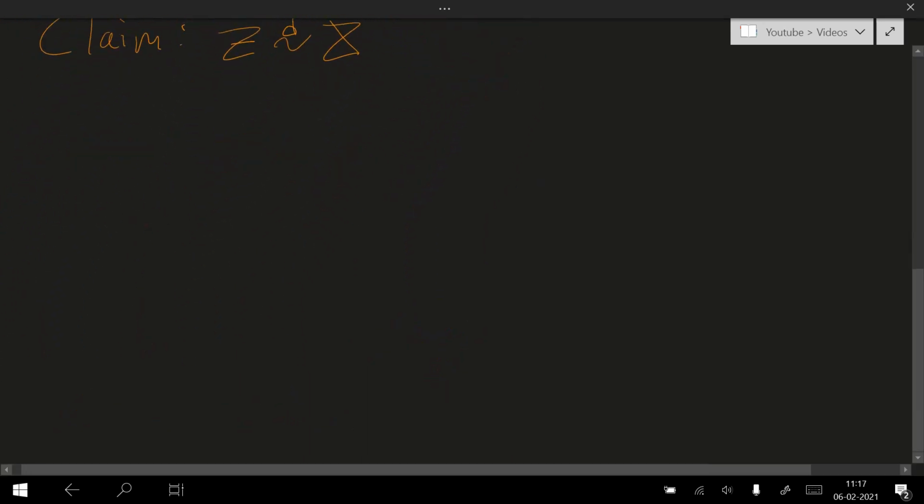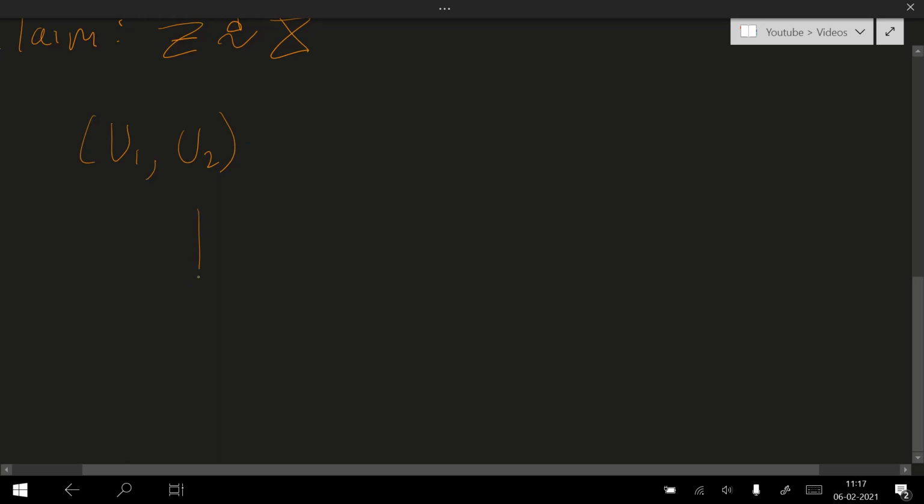Let's consider a pair u1, u2, where we sample them as above.